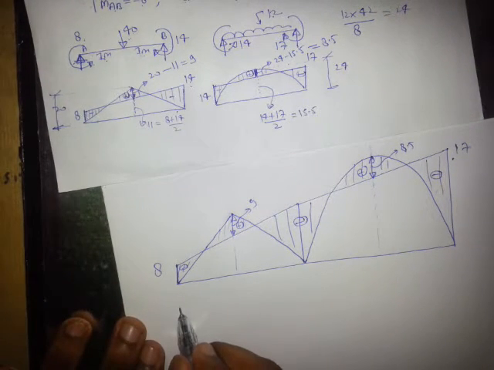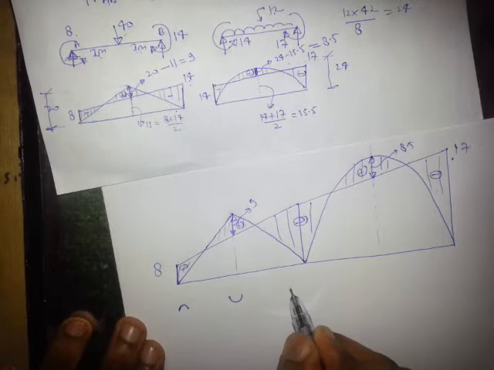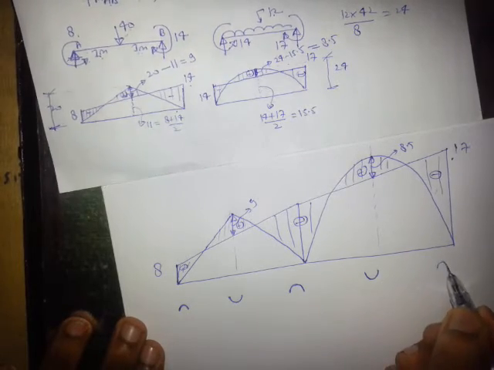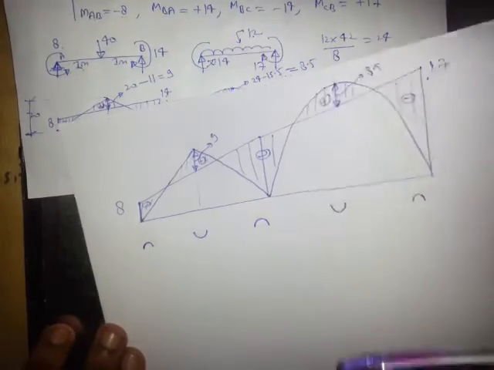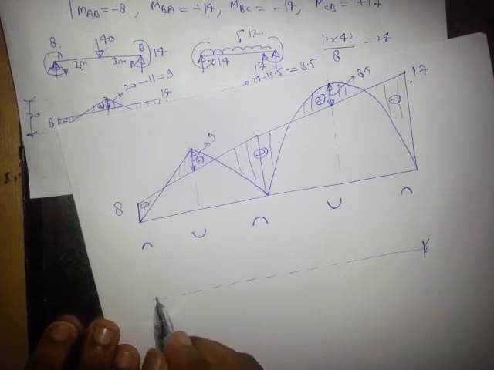Now I can draw the deflected shape. Minus means tension in top face, plus means compression in top face, minus means tension in top face, plus means compression in top face, minus, like this. So this was the beam.